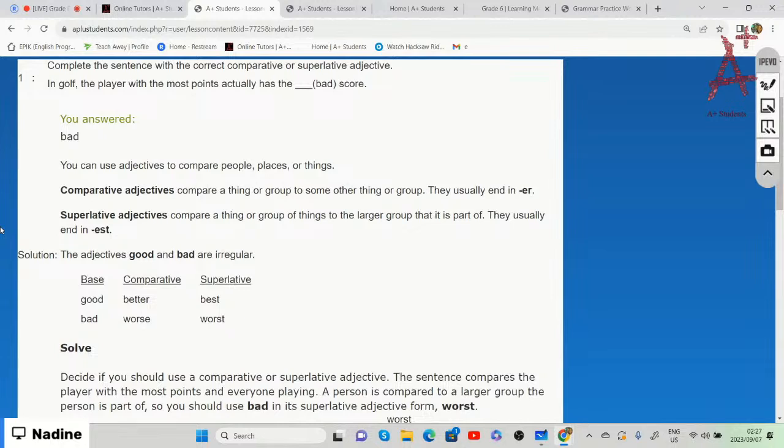We have bad, worse, and worst. Not just worse as in comparative, we say worst as in superlative. Not bad, badder. Nope. Bad, worse, and worst.